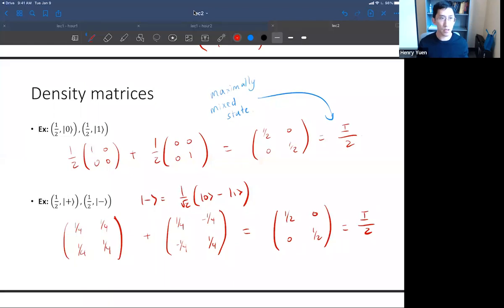If the density matrices corresponding to two mixtures are the same, then there is no physical experiment, no matter how many resources you have, to distinguish between the two mixtures. They're physically the same thing. So that's a really important thing to keep in mind.